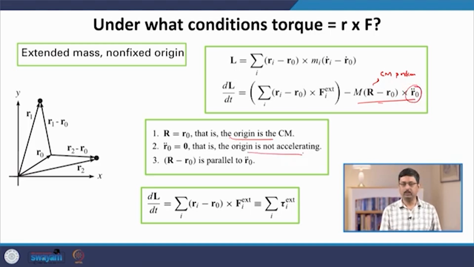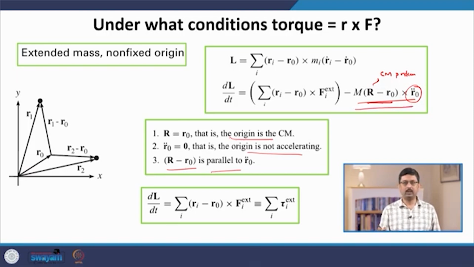The origin can be different from the center of mass, but it is moving with a constant velocity, not accelerating with respect to the fixed frame. Or the origin is different from the center of mass and is also accelerating, but for some reason this difference is parallel to the acceleration. So, this is a very special and strange condition. If one of these three conditions is satisfied, then this term can be 0.